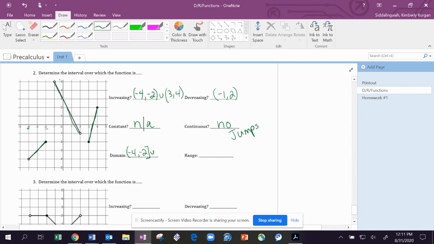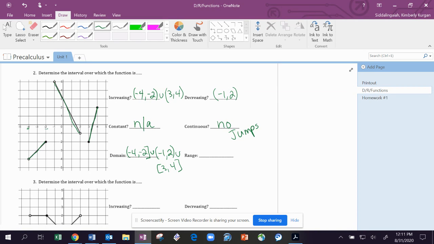And then we have open dots on both pieces, that middle piece. So I'm going to do parenthesis, -1 to 2. And then union, I'm going to write this down below, 3, 4. Those both get brackets because I have closed dots on either endpoint.